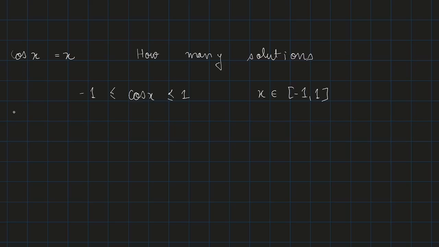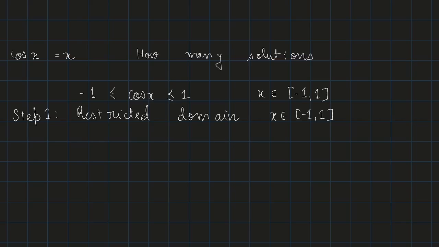So step 1, we restricted the domain. Although it's basically implying that x is over all real values, it's only possible for our case when it is minus 1 to 1. Okay, good. Now that we have that, now let's see.